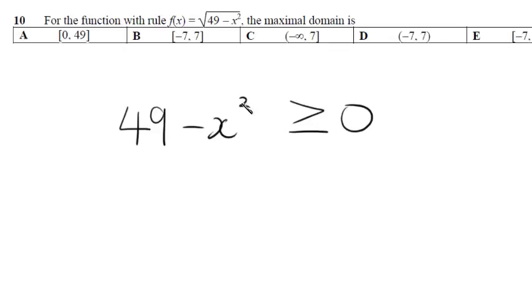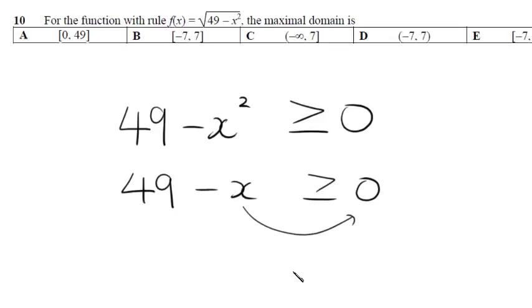This is a quadratic inequality. If you had something like 49 minus x greater than or equal to 0, that is linear, and all you have to do is move x to the left, and you get 49 is greater than or equal to x.